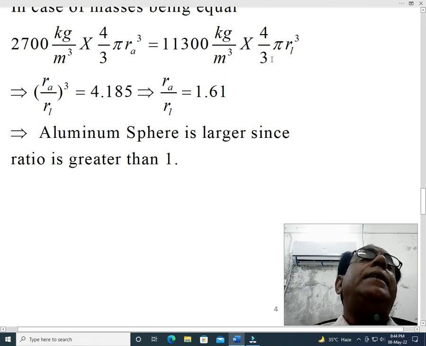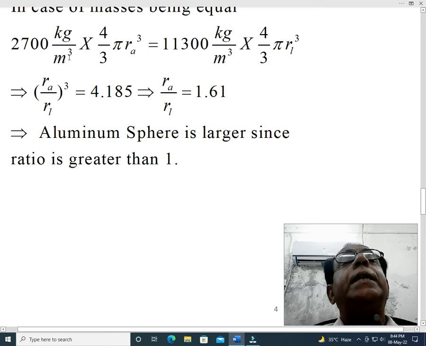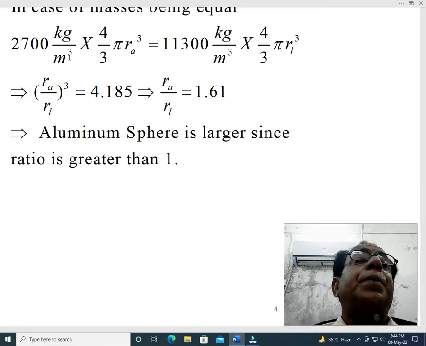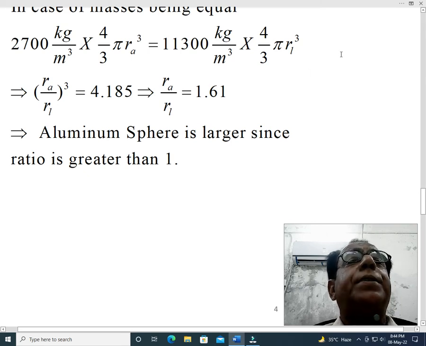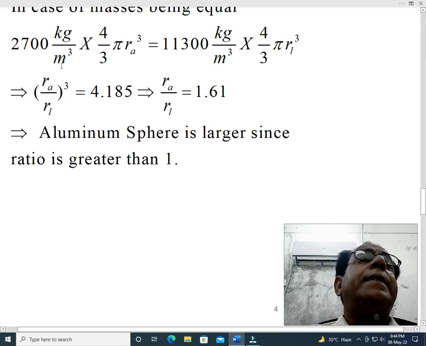Dear students, here kilogram per meter cube will be cancelled out from both sides. We can justify this step by saying that we multiply both sides by m cube over kg. This eliminates kilogram per meter cube from both sides.